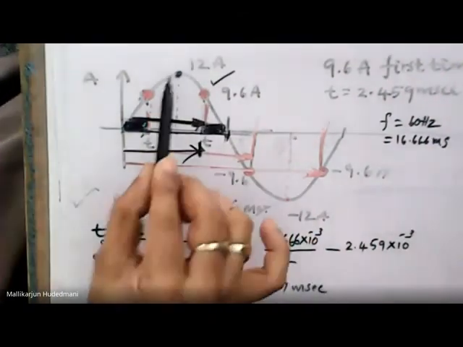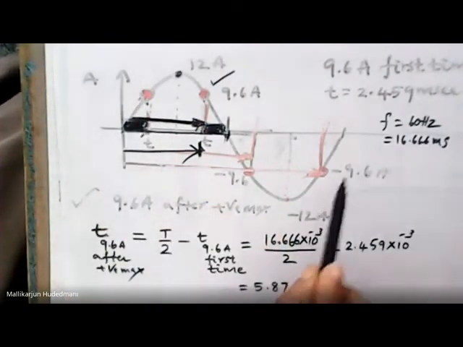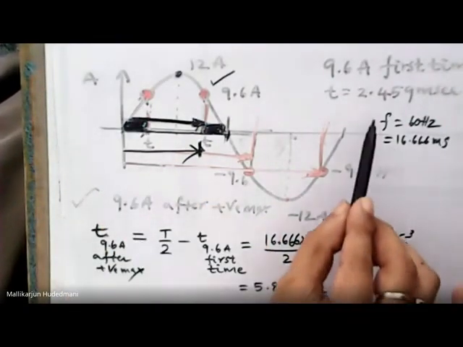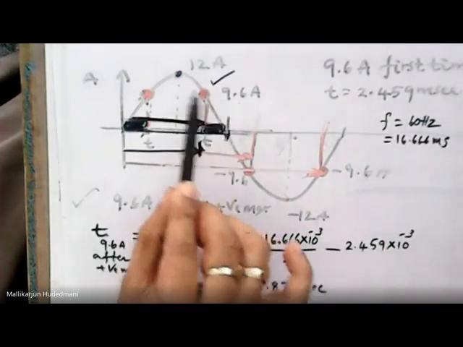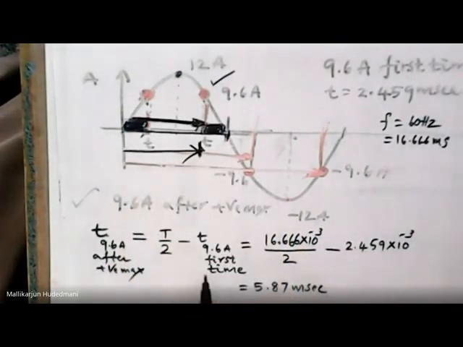So before the positive max is straightforward: equate with 9.6 and get the value. 2.459 was the answer. But for the value of 9.6 after the positive max, you have to do it this way.